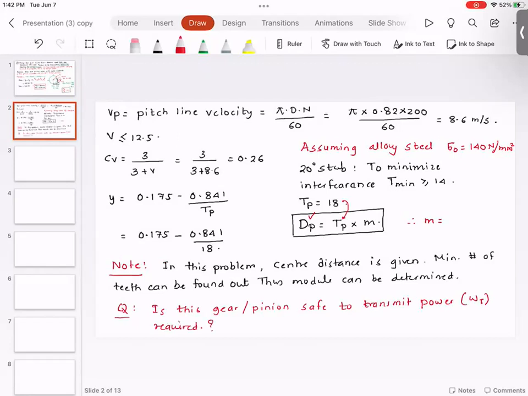So we have to answer this question. So let's start. If you look at the recipe, we will have to modify this recipe slightly just to make sure that we can solve this problem.